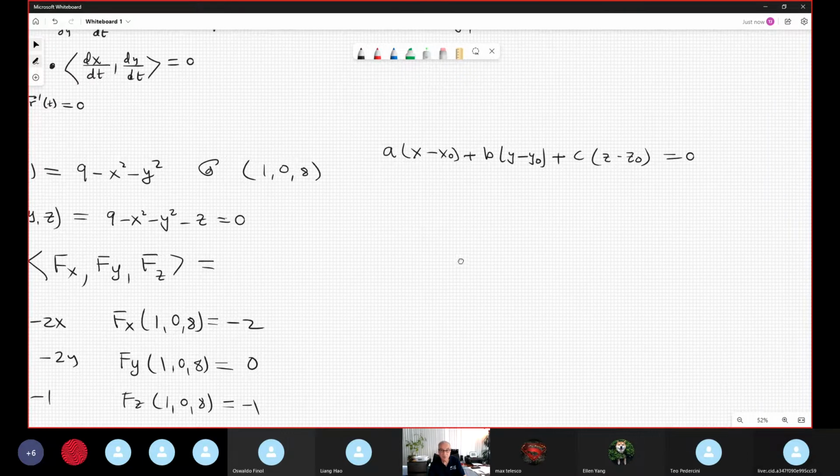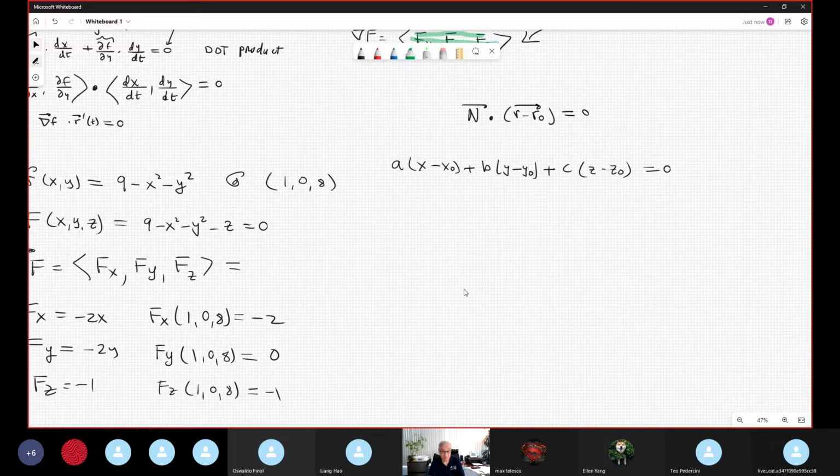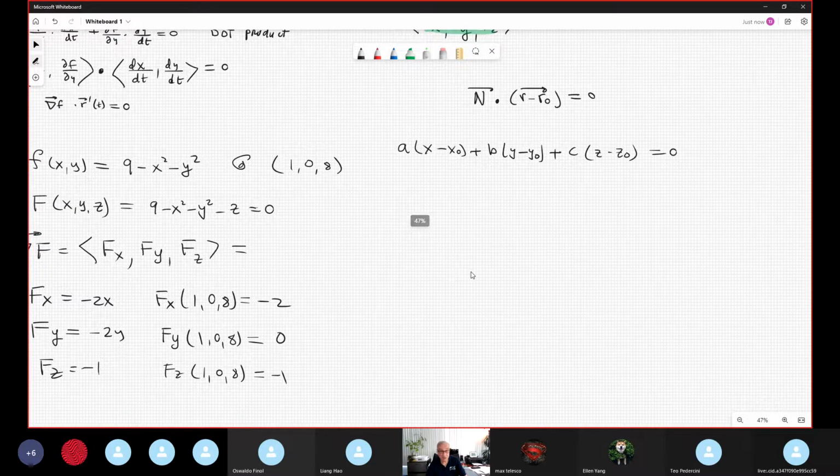It comes from the vectorial equation: the normal vector dot product (r minus r null) equals 0. So the components of the normal vector are a, b, c, and the components of r minus r null are these. In our problem now, our normal vector is the gradient in 3 dimensions.